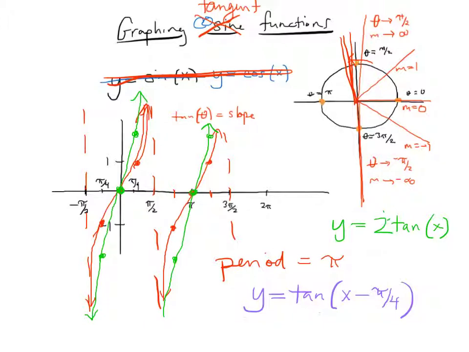So one way to anchor this, I guess, is to first shift all of the asymptotes to the right by pi over 4. And we remember an increment of pi over 4 is exactly halfway between negative pi over 2 and 0.